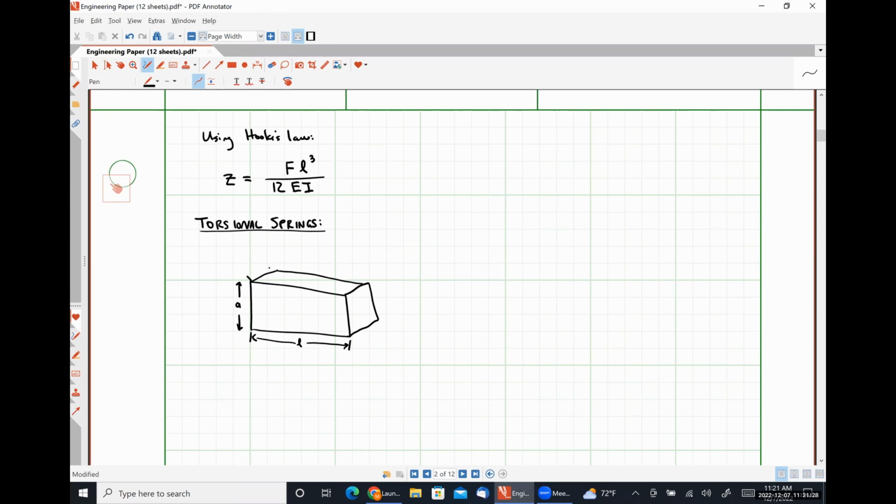This dimension will be B. There is an angular deflection that we're going to call theta when this beam experiences a torsional moment or torque M of T, okay?